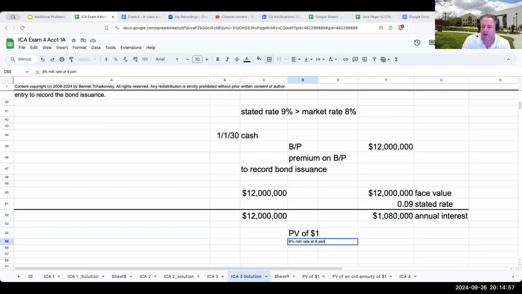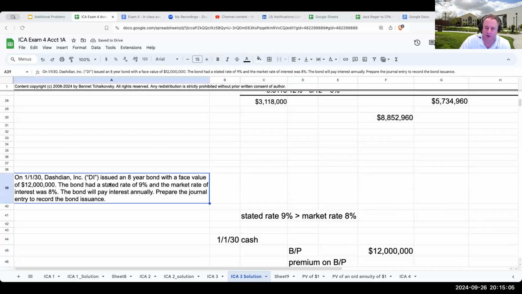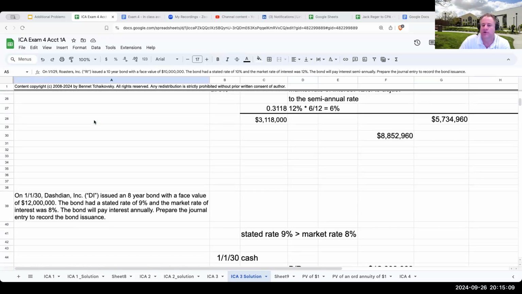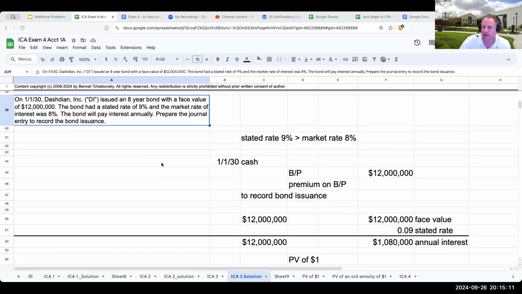at 8 periods. Now, why am I not multiplying this by 6/12? Because this is being paid out to me annually. The earlier example was semi-annual, so here I'm focused on annual interest payments.